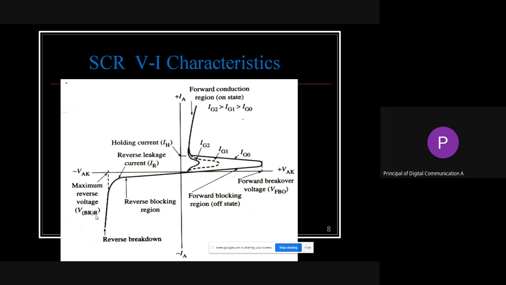So if this negative voltage crosses this reverse breakdown voltage, at that time also current suddenly flows in a reverse direction, so that is known as a reverse breakdown, which is harmful for SCR, so we cannot go beyond this VBR, that is the breakdown voltage. We are supposed to keep it within a limit. So this is the VI characteristics of SCR in three biasing modes.